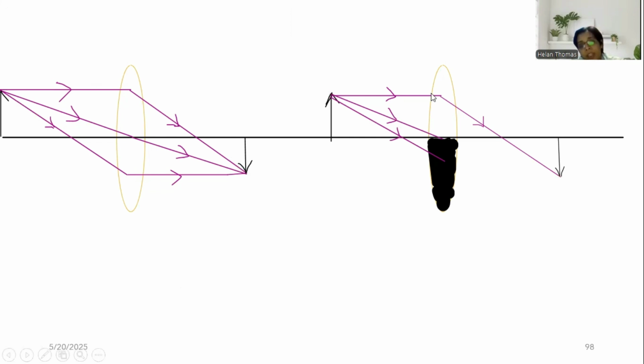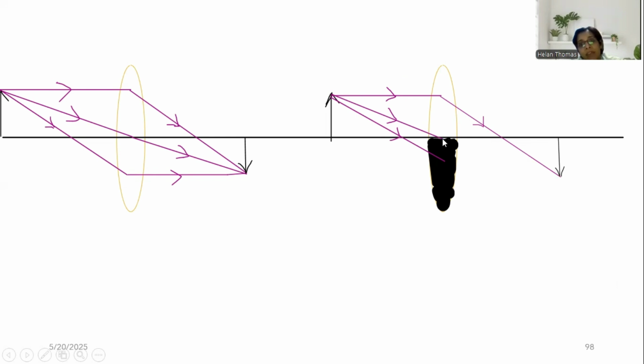Here, see, when half of the lens is covered, the light rays that pass through the lens on the upper portion will be converged, and they will form a real and complete image. But see, the light ray that goes and hits the pole will not be able to come through this way. It got cut.